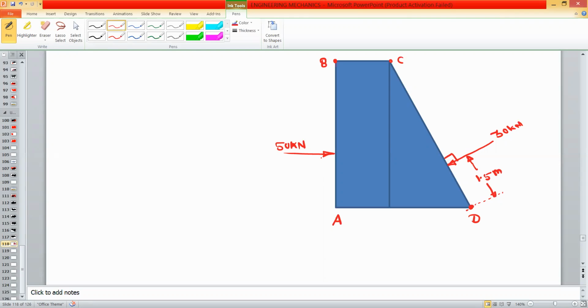Then the distance of the 50 kilonewton force with respect to point A is equal to 2 meter. Then this is 4 meter. This is 2.5 meter.